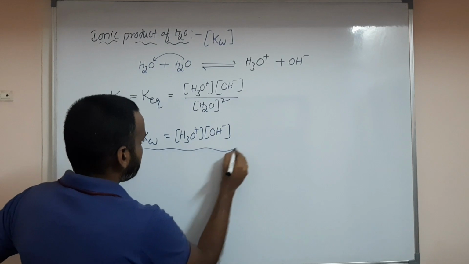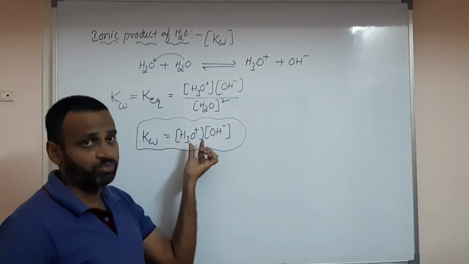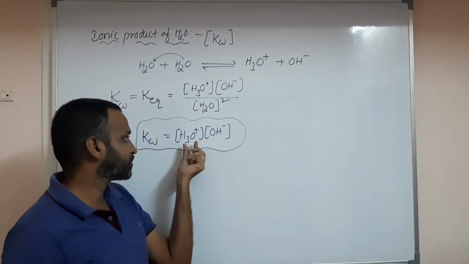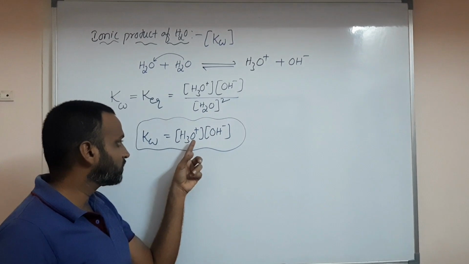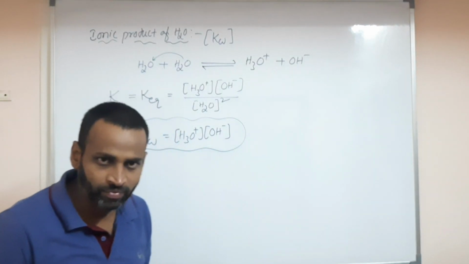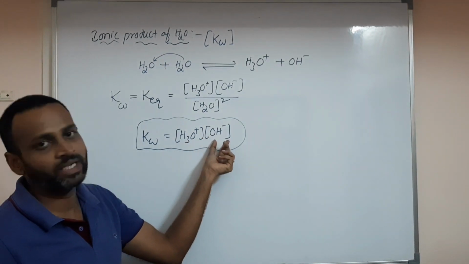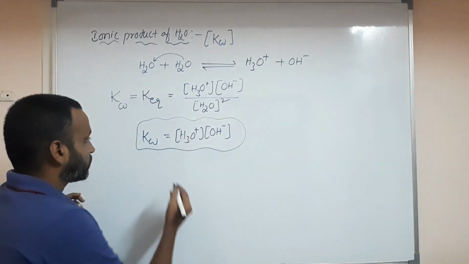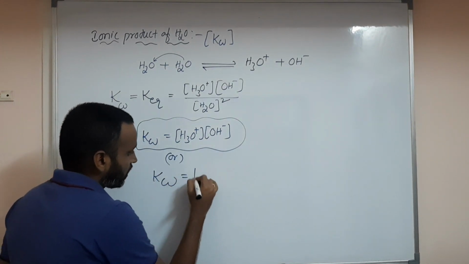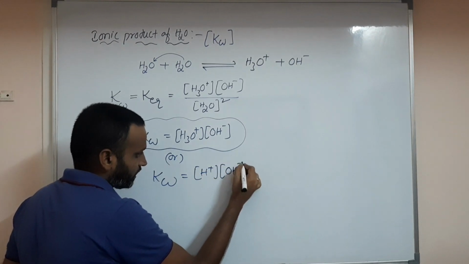This is Kw, the product of concentrations of hydronium ion and hydroxide ion. So you can write Kw is equal to concentration of H plus into concentration of OH minus.